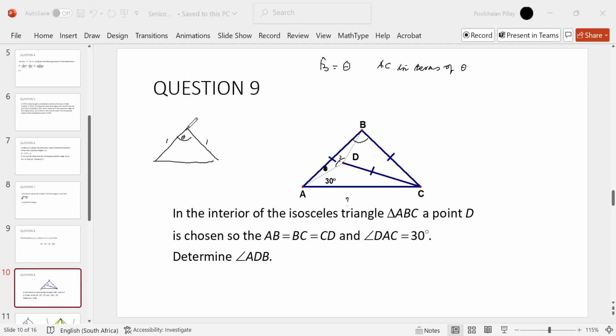Isosceles triangle, all you do is just split it down the middle, right? And you break it up into two equal triangles. They're all congruent. In an isosceles triangle, when you split it down the middle, you're going to get two exactly the same triangles. And so this will be theta over 2. Right? So this part, and these are all equal.